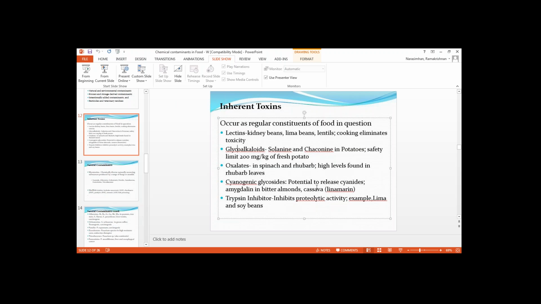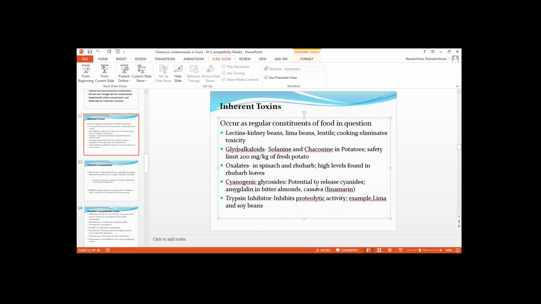Okay. Let me talk about cyanogenic glycosides. Many fruits and other plant foods contain compounds that have the high potential to release cyanide. Okay, you're all familiar with cyanides. These compounds are basically glycosides. That means they contain a sugar molecule linked to a cyanide group.